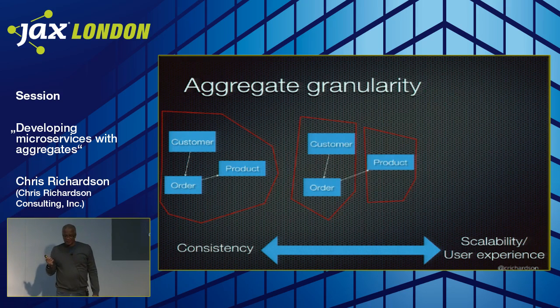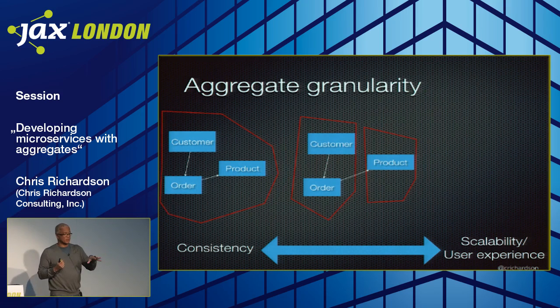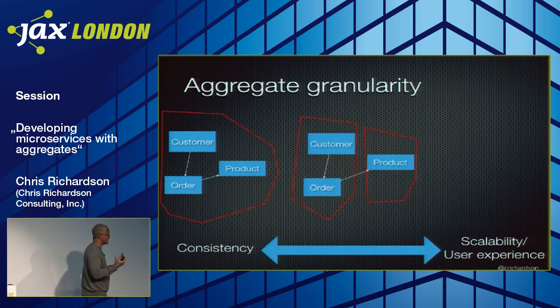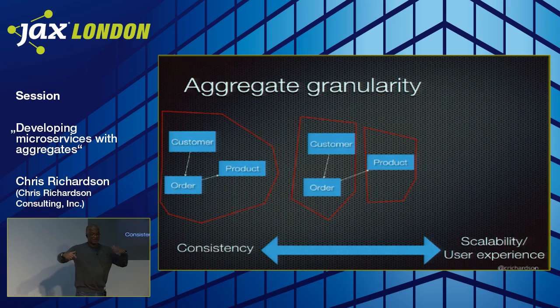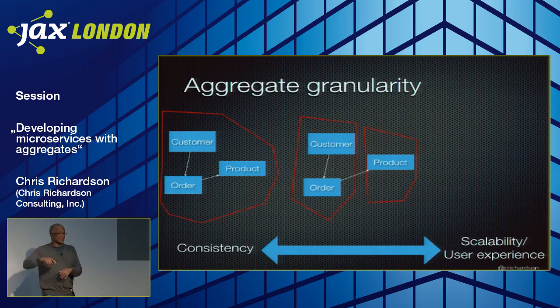An alternative approach which could work is to have a customer and all of their orders be the same aggregate. If you're using MongoDB, you just have one MongoDB document that contains the customer information and all of the order information, and then the individual products would be their own aggregates.